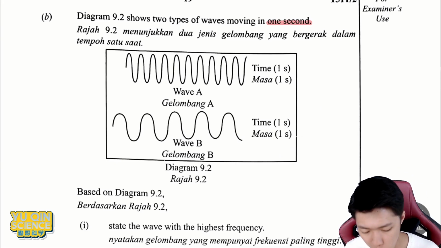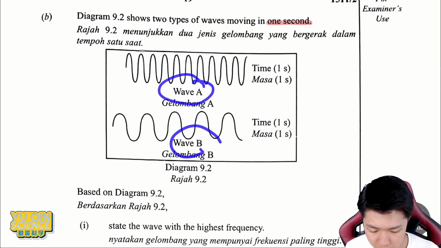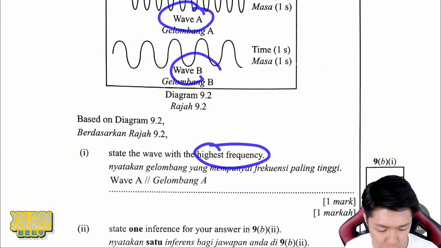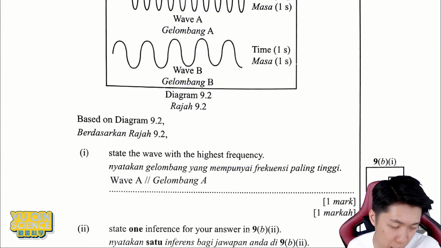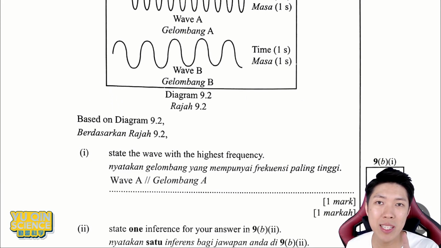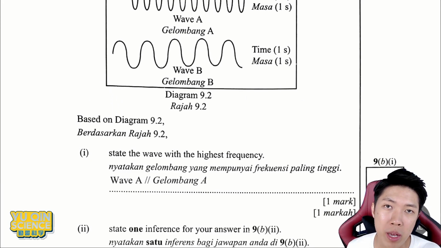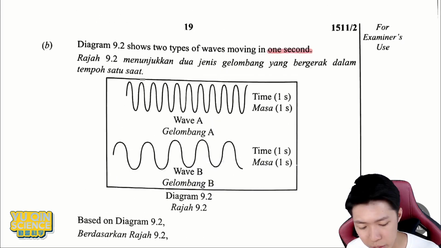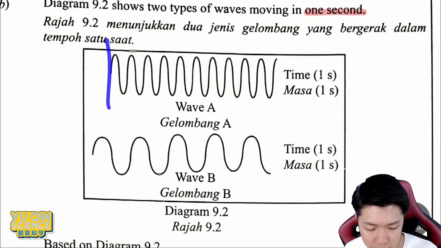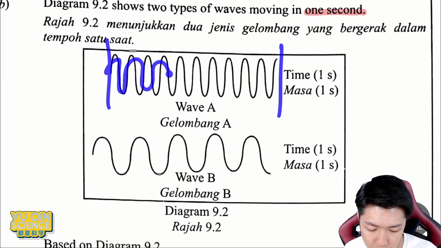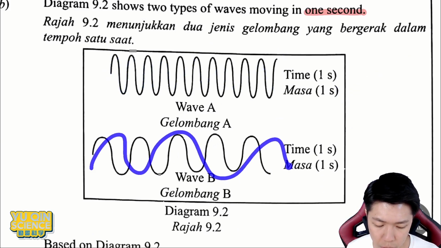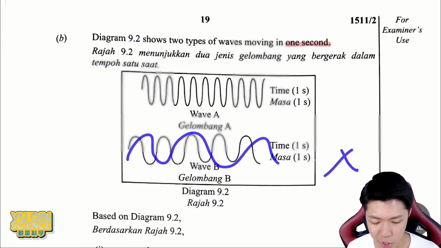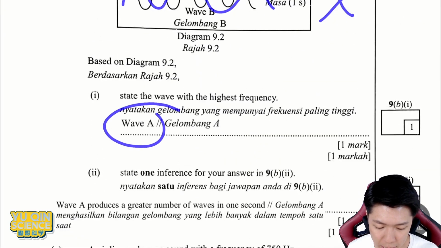So wave A and wave B, which one has the highest frequency? 频率最高是谁？That means in 1 second, how many waves you make determines your frequency. Obviously, if this is 1 second, there are so many waves here. So this one will be higher frequency, this one will be lower frequency. So your answer is wave A.